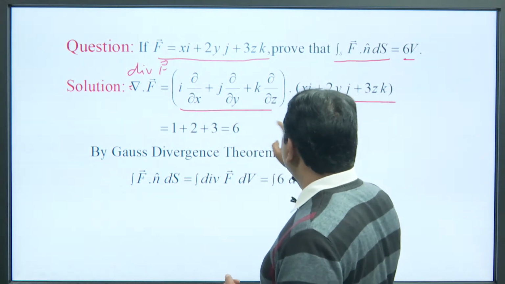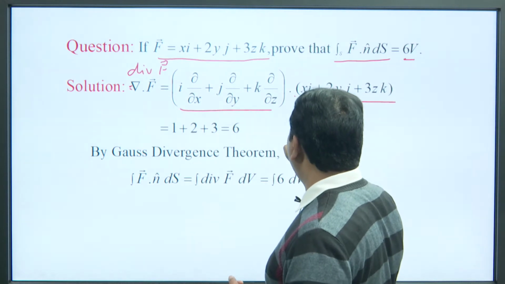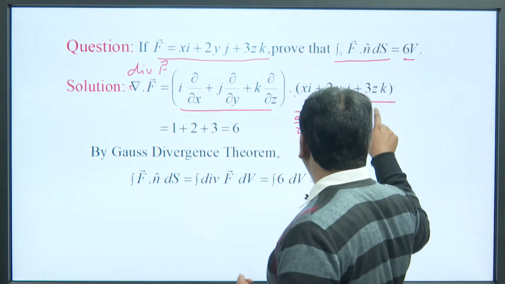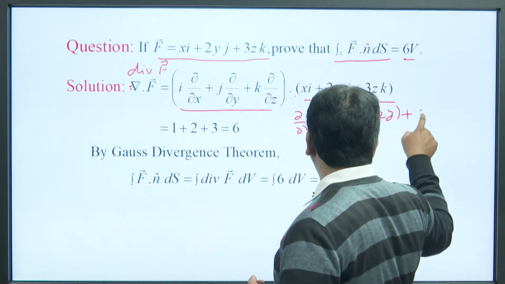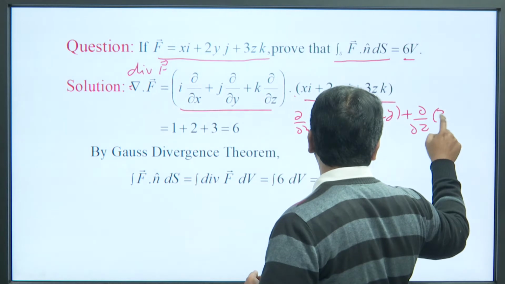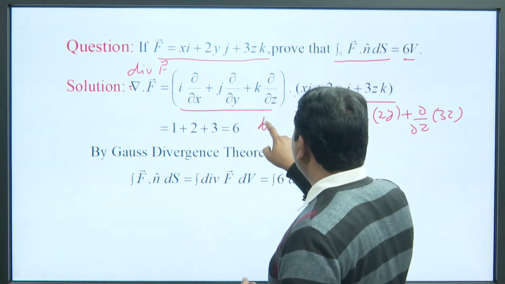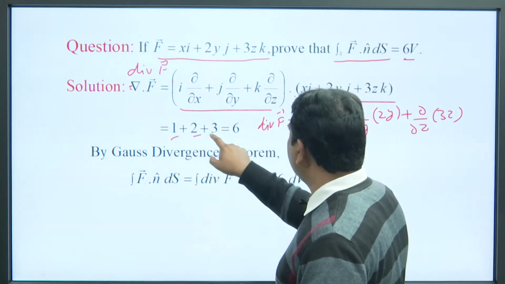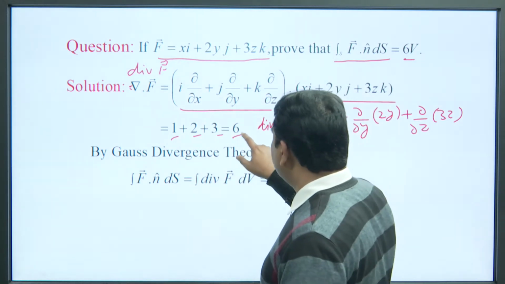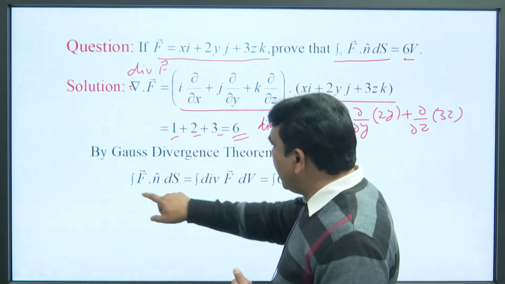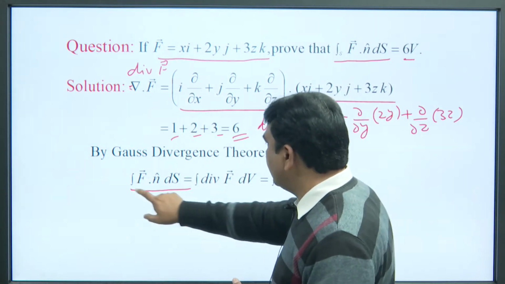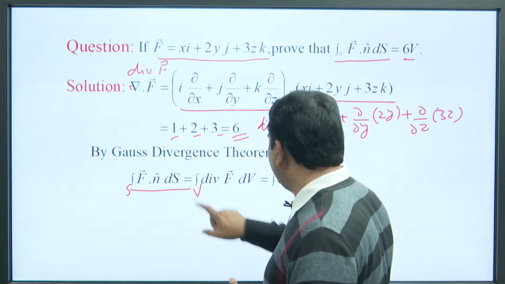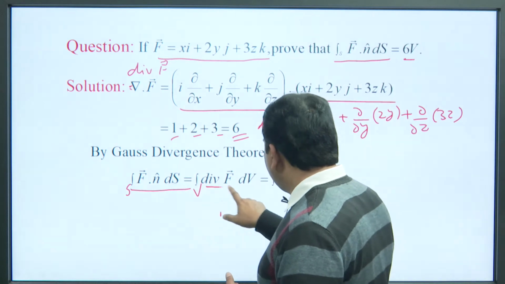So, when we find this, that is del by del x of x plus del by del y of 2y plus del by del z of 3z. This is the divergence of f, which is equal to 1 plus 2 plus 3, which value becomes 6. Now, the divergence theorem is integral of f dot n dS over S is equal to divergence of f dV over V. So, the value of divergence is 6.